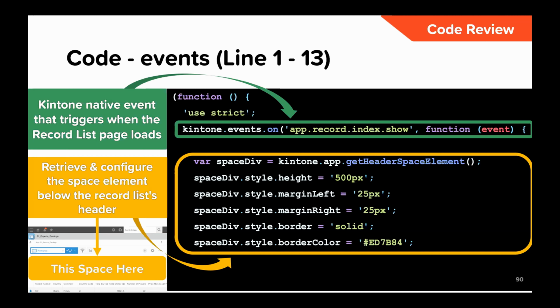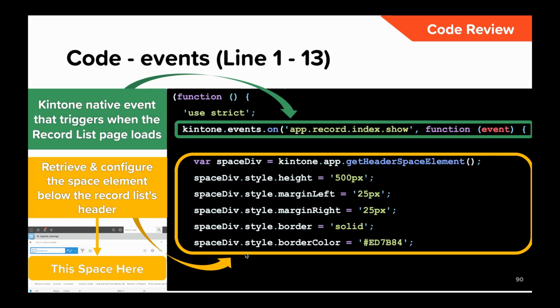We have an event called app.record.index.show, which basically means when you see the record list, please do the following. In other words, run this function. And what we're going to do is pull what we call the space element. I remember I said we don't need to mess with HTML.